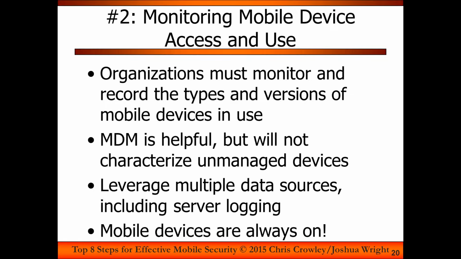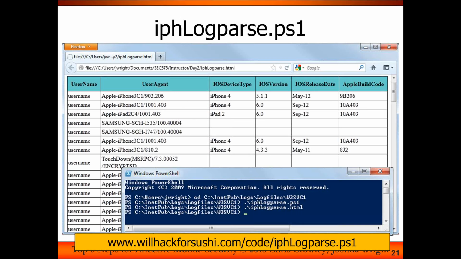Now, when I talk about a server, I'm typically referring to a mobile device management platform. That is the way that many organizations are collecting information, but it also might be something as simple as your Exchange server.